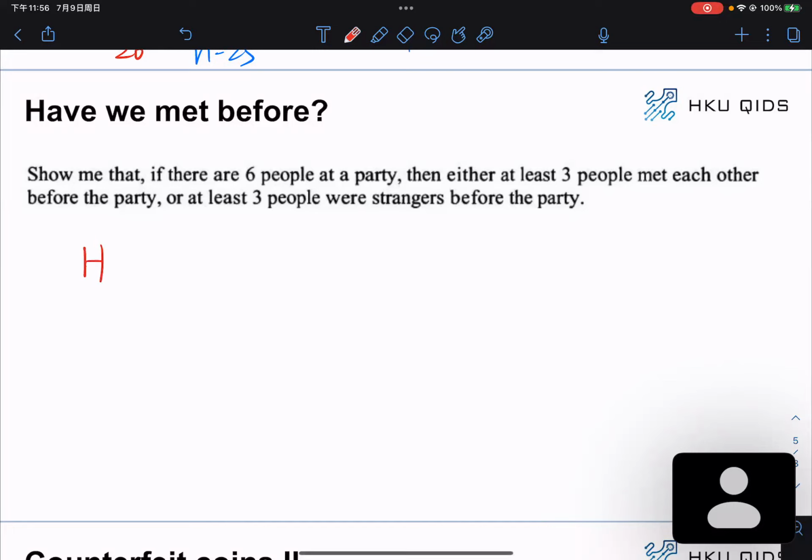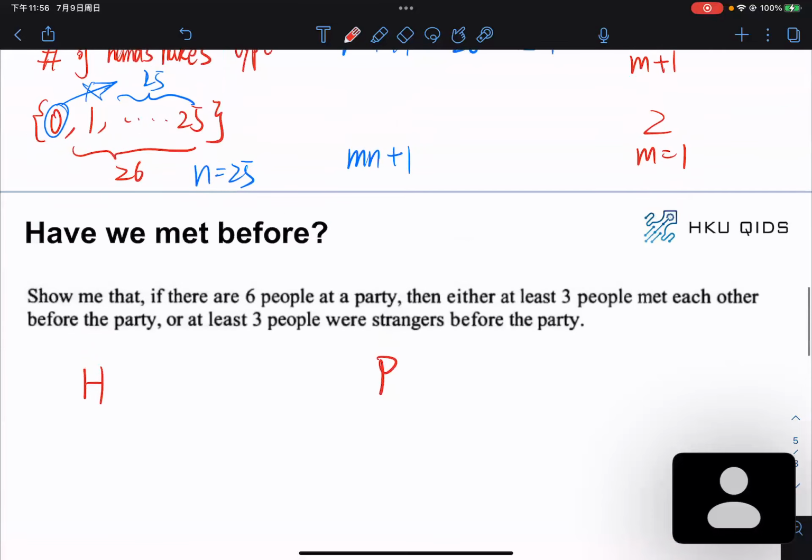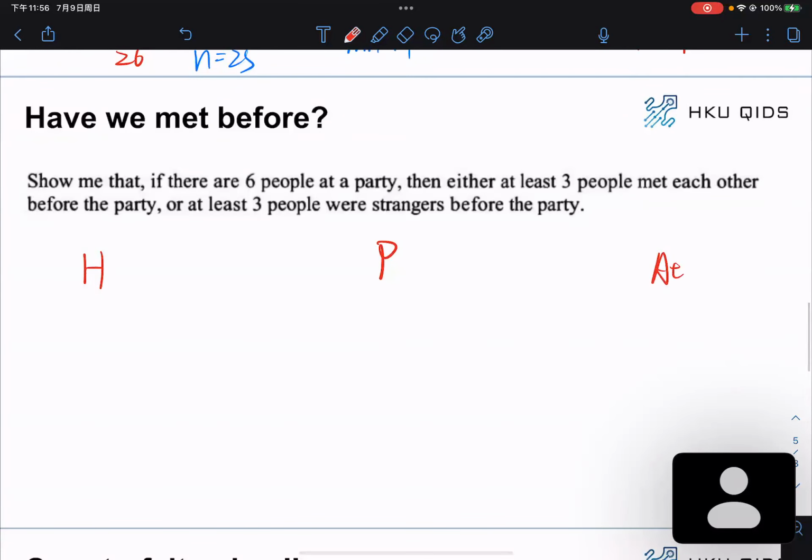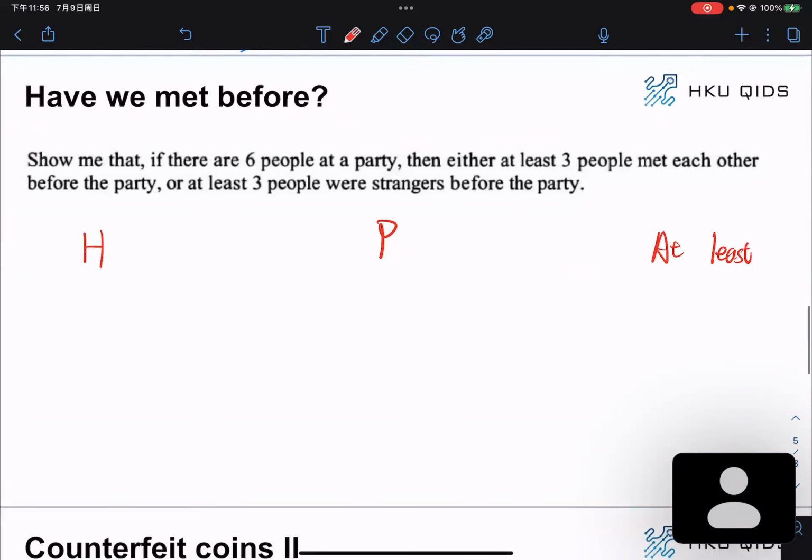So we have the pigeonhole, we have the "at least".